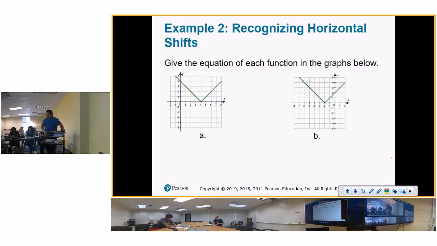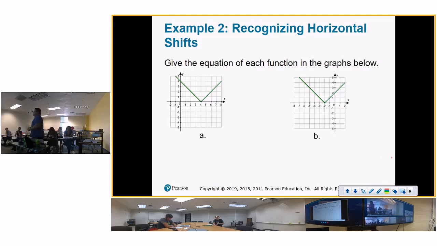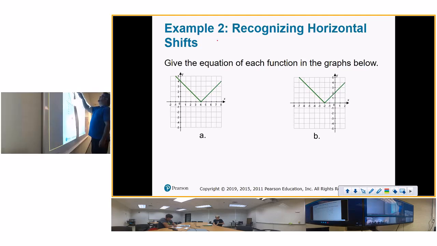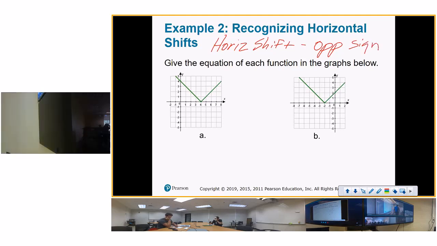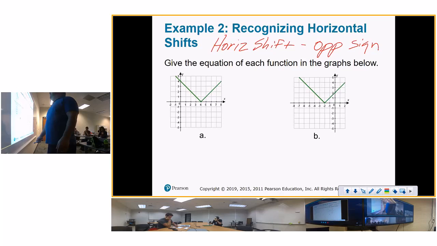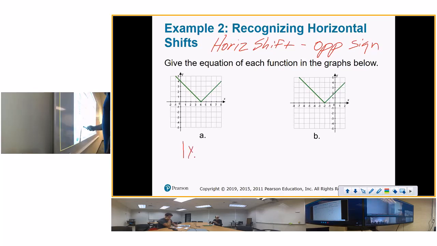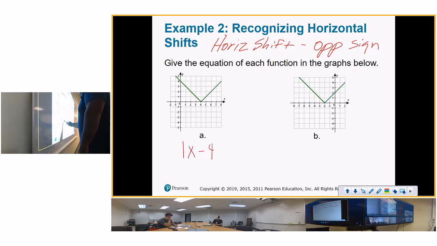The horizontal shift, and no matter how many times I write this, I could write this 100 times, somebody would miss it on the test. Horizontal shift is always the opposite sign. So this is going to be the absolute value of x minus 4.